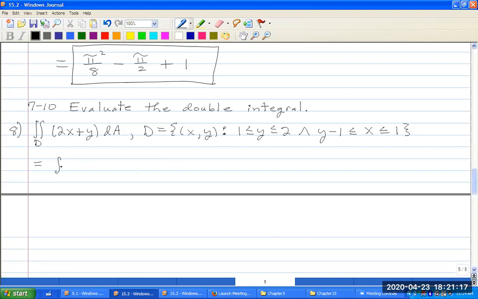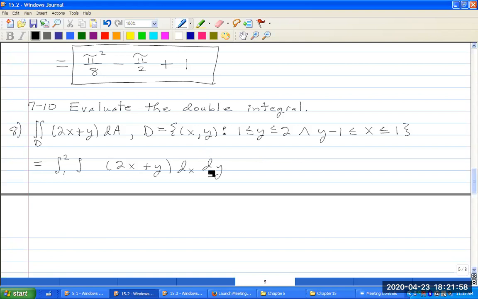So on the outside, it'll be numbers. On the inside, so this is my dy. On the inside, I'm sorry, that's my dy. On the inside, I'm going to integrate with respect to x. Now, these endpoints here can be any function of a variable on the outside.